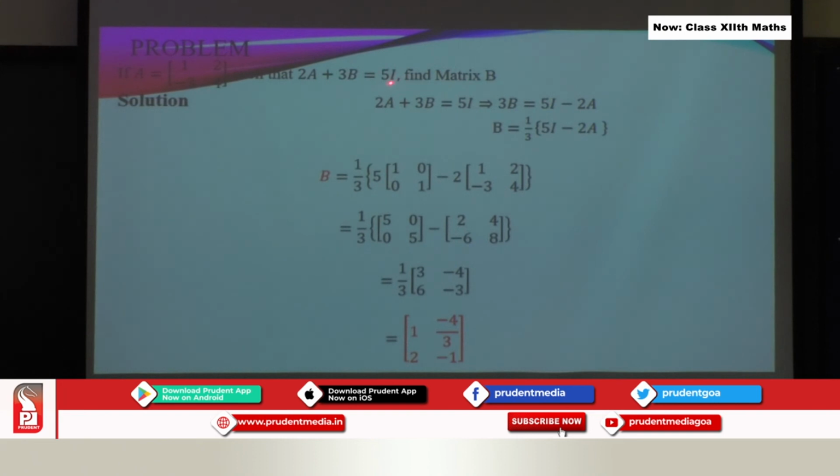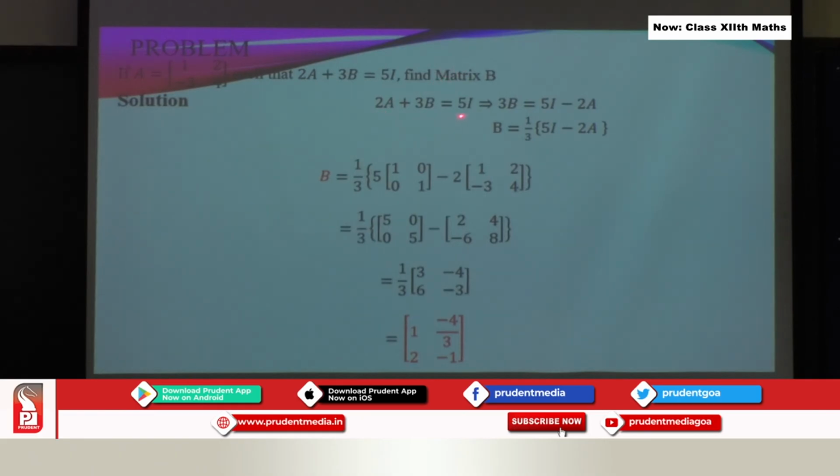This I signifies the identity matrix. Now identity matrix of what order? Look at this matrix. Of what order is it? Order 2. So I take the identity matrix of order 2 into consideration.